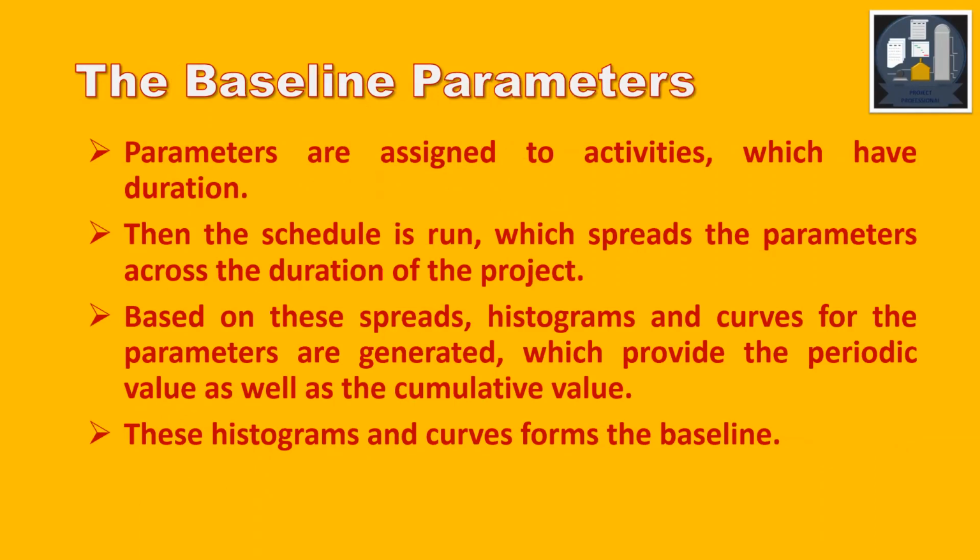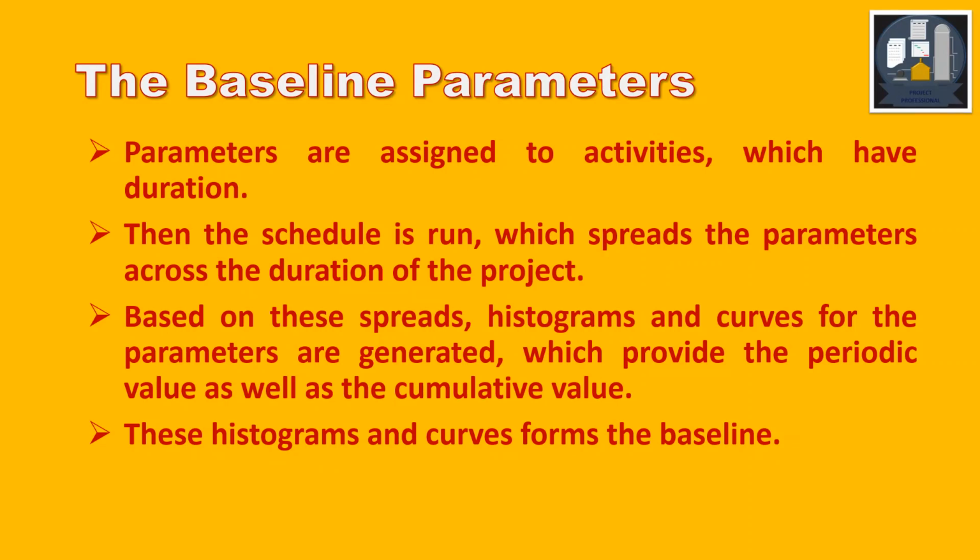The baseline parameters are assigned to activities which have duration. Then the schedule is run, which spreads the parameters across the duration of the project. Based on these spreads, histograms and curves for the parameters are generated, which provide the periodic value as well as the cumulative value.